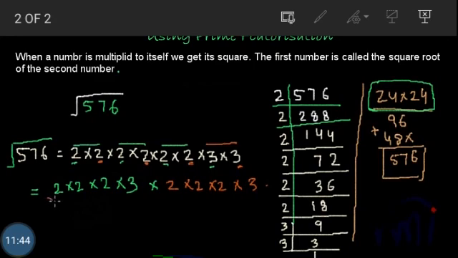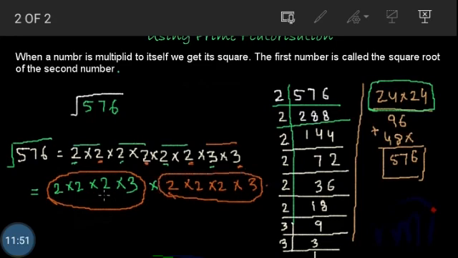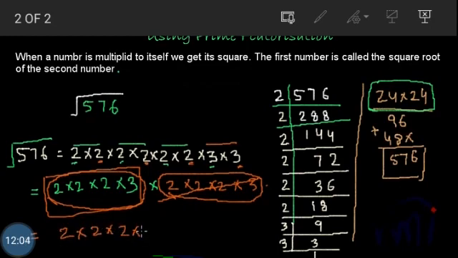Yes, and now you have got the same number multiplied by the same number, and one of these numbers will be the square root of the whole number. So I can discard this by finding the square root, and again I'll get the same number, 2 multiplied by 2 multiplied by 2 multiplied by 3.